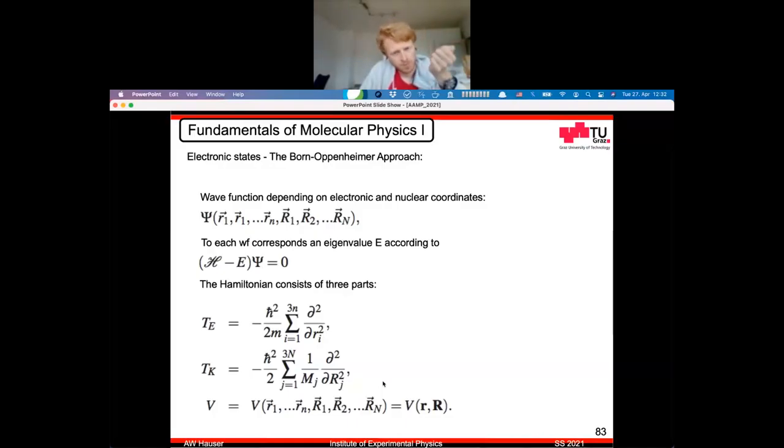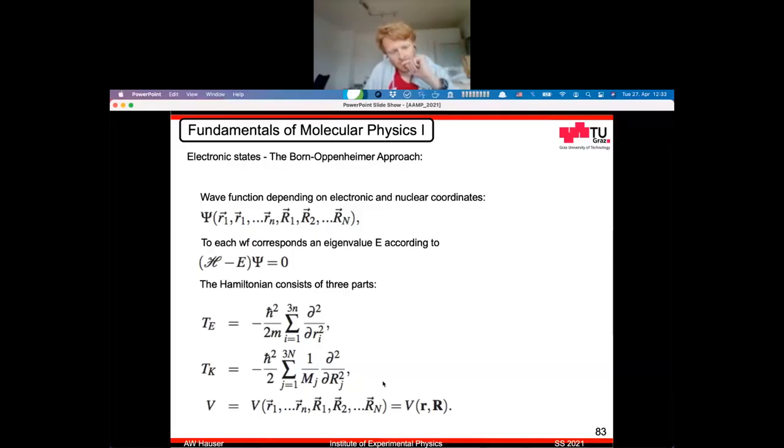Now, we know, and you have been dealing with this in quantum mechanics and in the atomic physics lectures before, we have to solve the Schrödinger equation for this system, where we have a Hamiltonian acting as an operator on psi, giving us psi times E, with E denoting the corresponding eigenvalue, and the eigenvalue of the Hamiltonian is the energy.